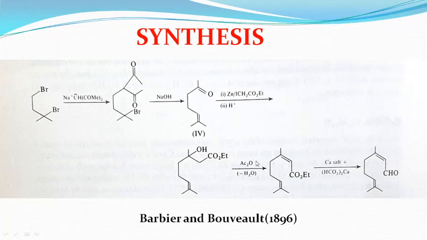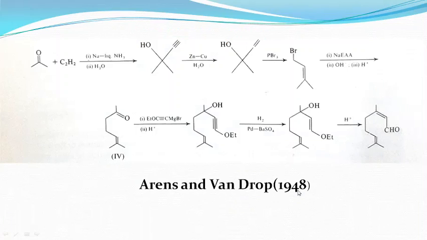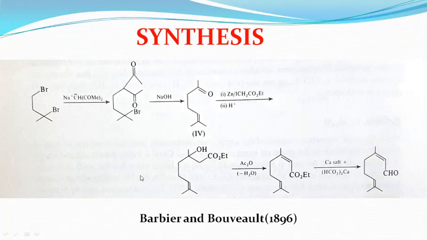After this, Tiemann converted geranic ester into citral by distilling a mixture of calcium salts of geranic and formic acids.